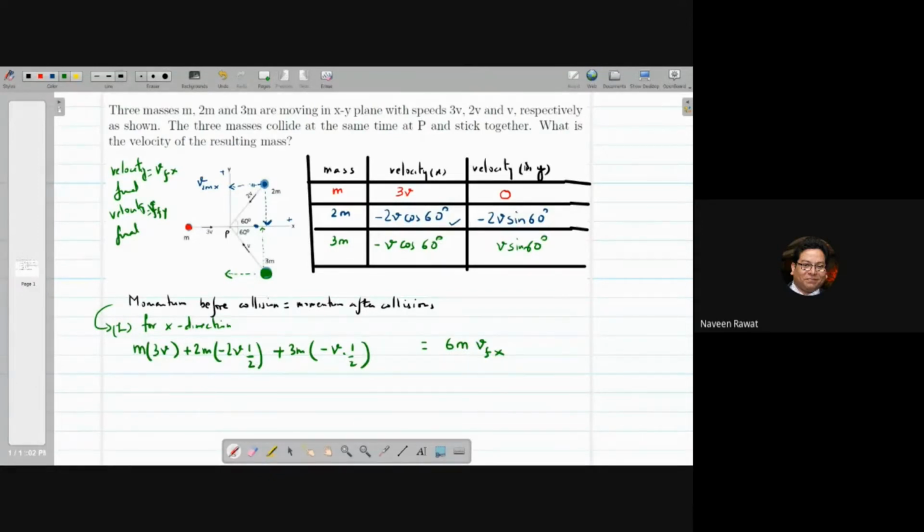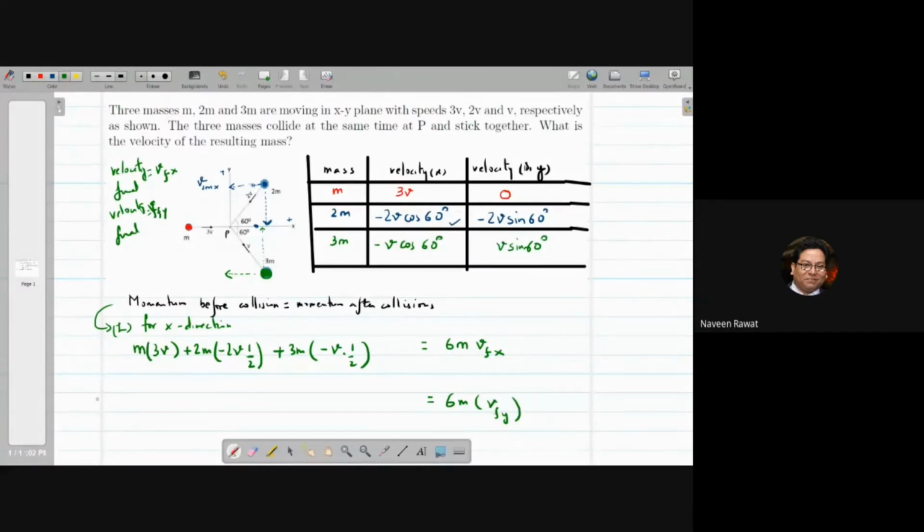So from here you are getting one equation, which gives the value for v of fx, the final velocity of all the masses in the x direction. Similarly, you will get an equation for y, which will be 6m v of fy.